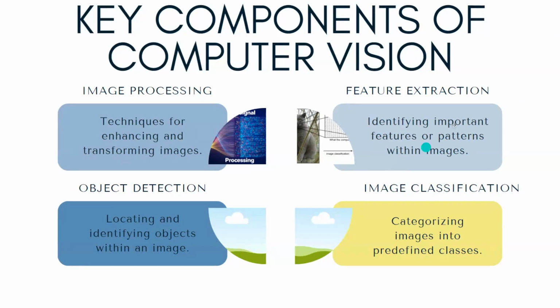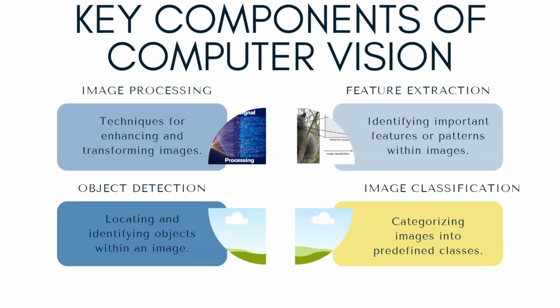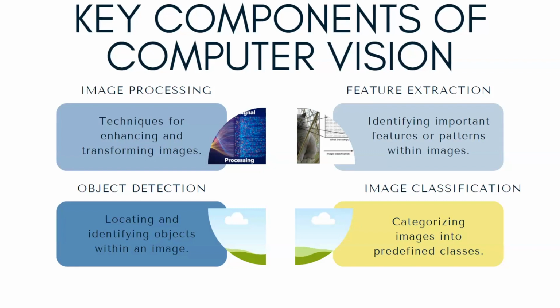Then we have feature extraction. This is another concept where we identify important features or patterns within images. If you have looked at your Google Drive image section, you will see that it starts classifying all your pictures with different faces, and it even tells you, oh, all these pictures belong to this person.